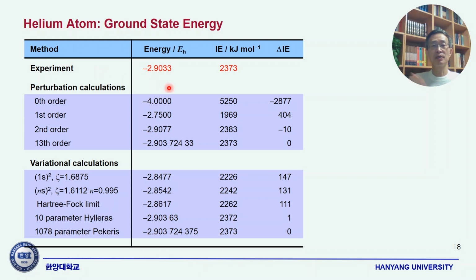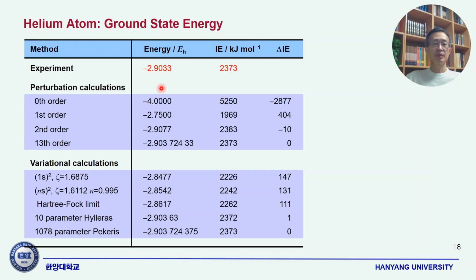So this is a summary of the variational and perturbation treatment, a comparison of how they work. The experimental value for the energy is minus 2.9033. This is the ionization energy, 2373 kilojoule per mole. This is in Hartree.